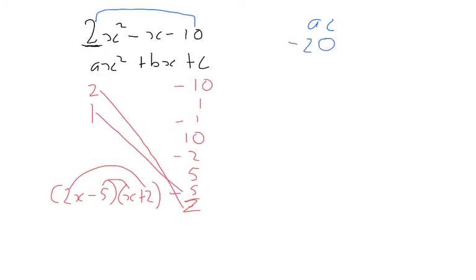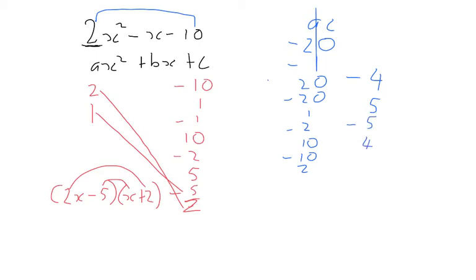We look at all the factors of minus 20: minus 1 and 20, minus 20 and 1, minus 2 and 10, minus 10 and 2, minus 4 and 5, minus 5 and 4.